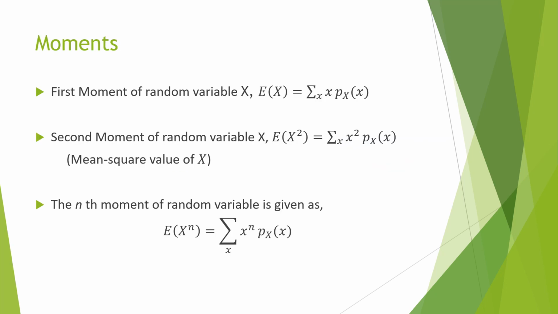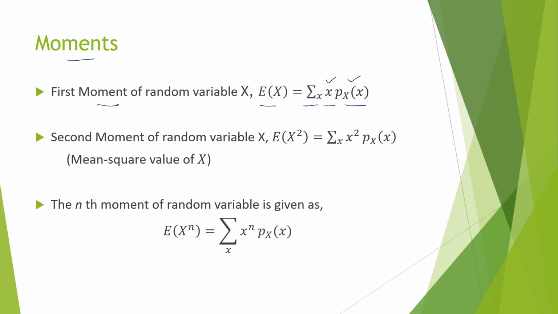We now discuss another term associated with random variables, that is moments. Moments are generally defined as follows. The first moment of the random variable is defined as sigma x p_X(x). It is nothing but the mean of the random variable x. So the first moment is the product of x power 1 into its PMF.